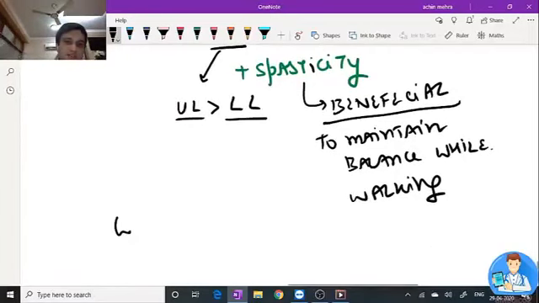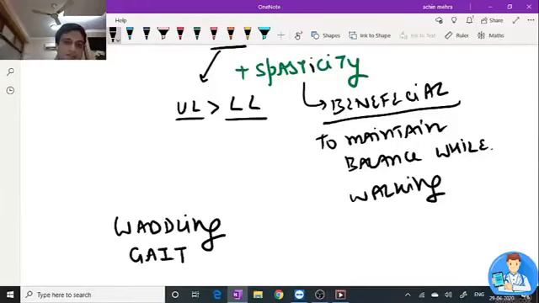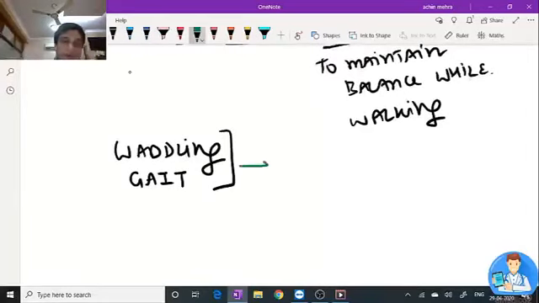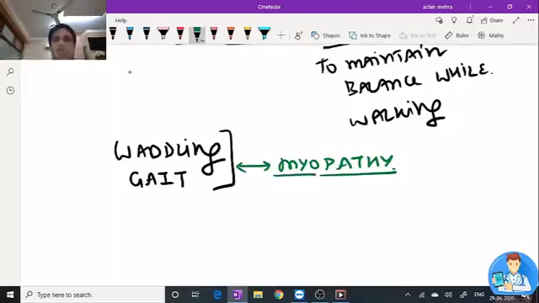Another interesting gait to write down is the waddling gait. Please remember the name is waddling gait. Why does waddling gait happen? Remember this term, myopathy is a disorder. The word pathy means a disease. The word myo stands for muscle.